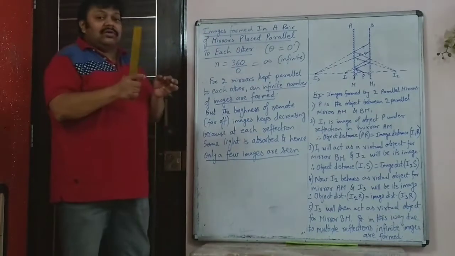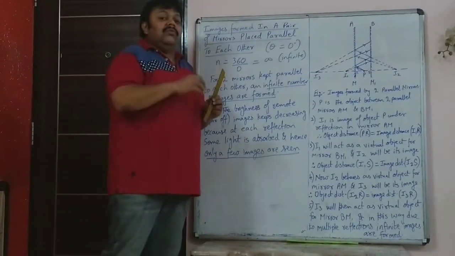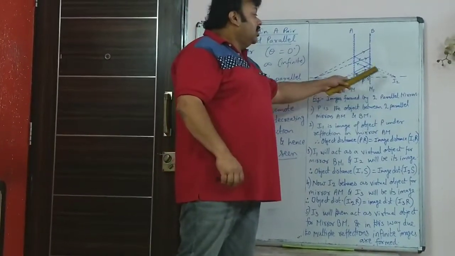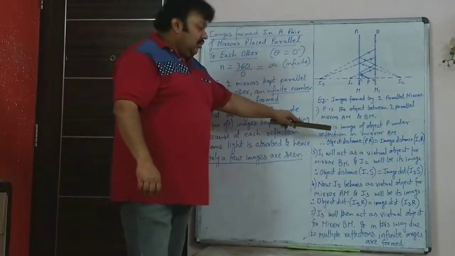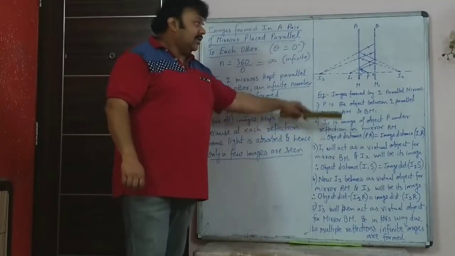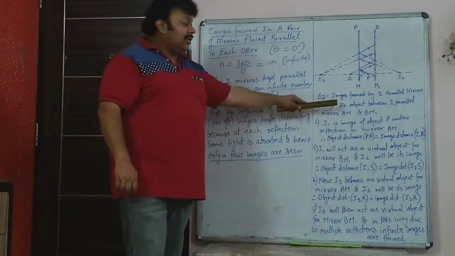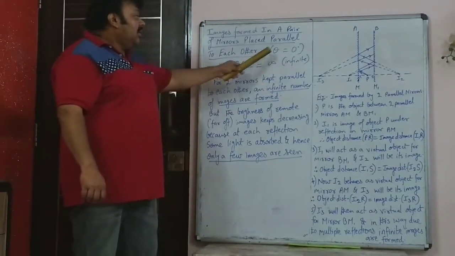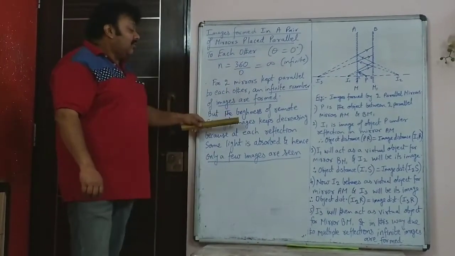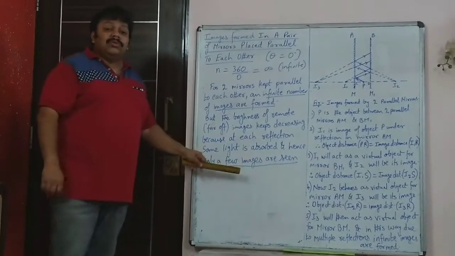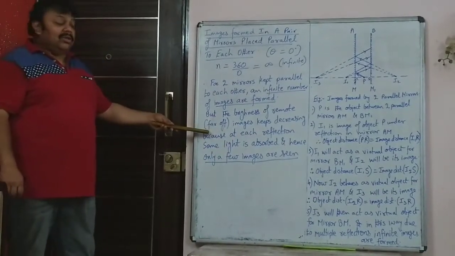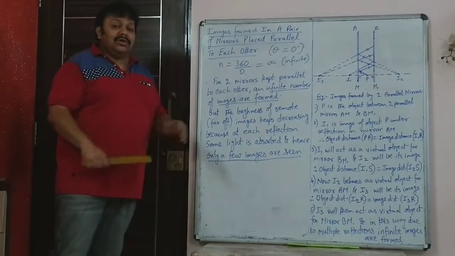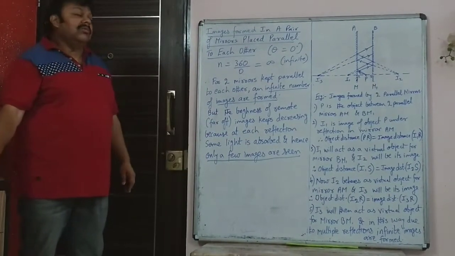So those distances must actually be measured with pencil and ruler when you are plotting the points I1, then I2 and I3. So you have to use this in the diagram and understanding is important. That all won't be asked in explanation. You will be asked only the figure, you will be asked how many images are formed and how many images will be visible. And why aren't infinite images formed? Because at each reflection some amount of energy of the incident light is absorbed by the mirror.